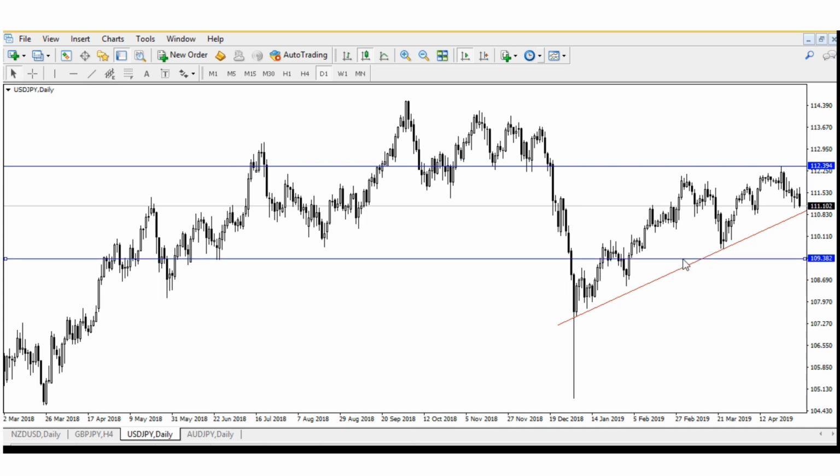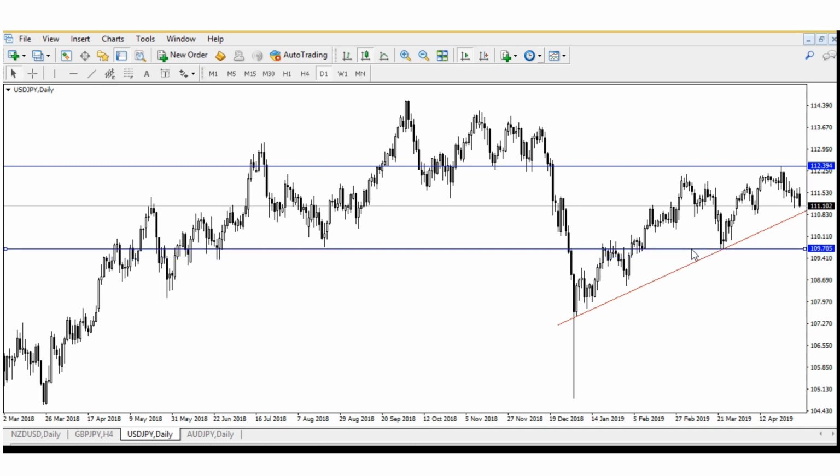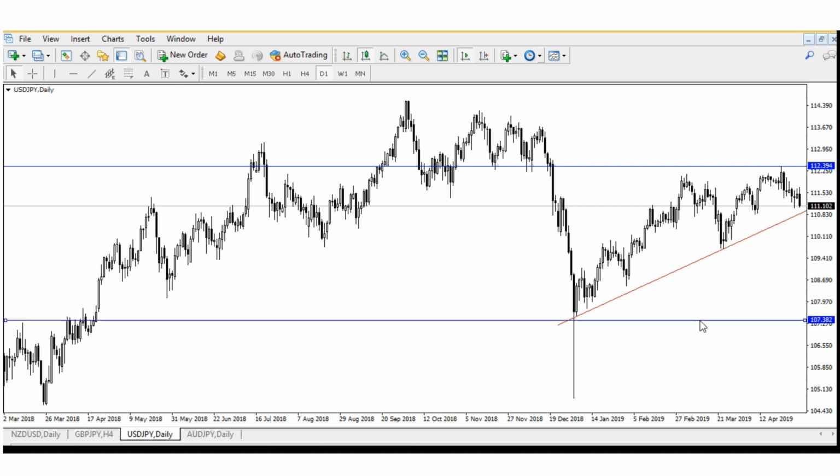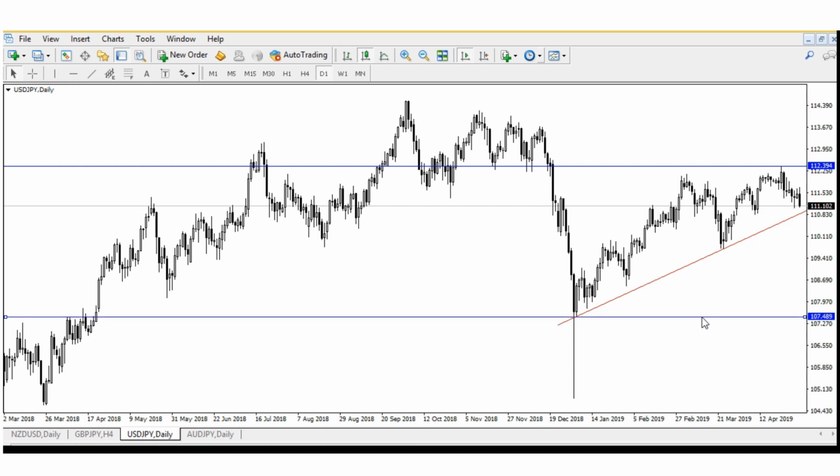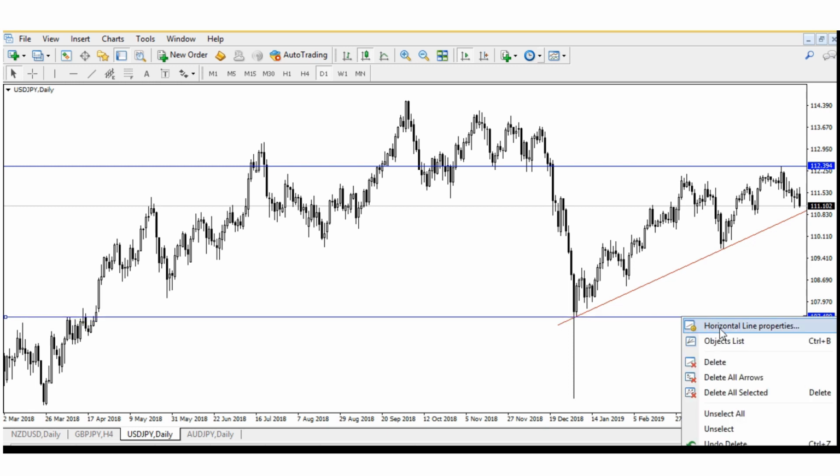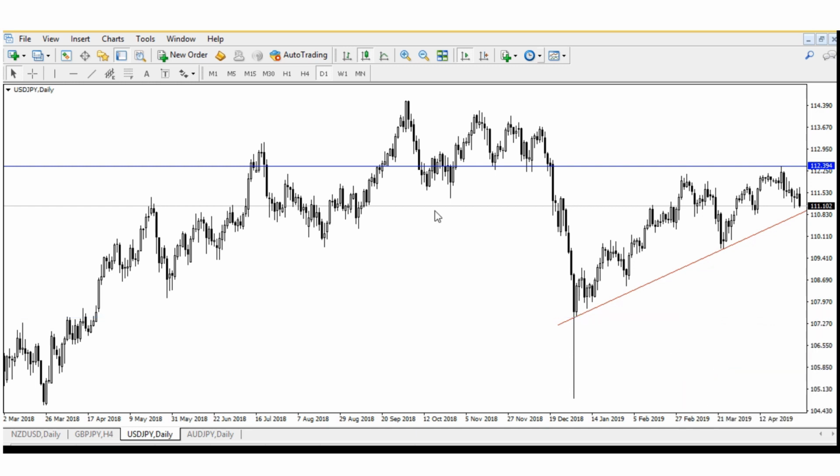And one last thing, another support. This level qualifies as support 1, and this level qualifies as support 2. I wouldn't be keeping any of them on my chart, because if it breaks lower, markets can go as far as it wants.